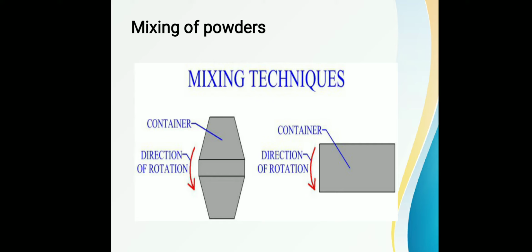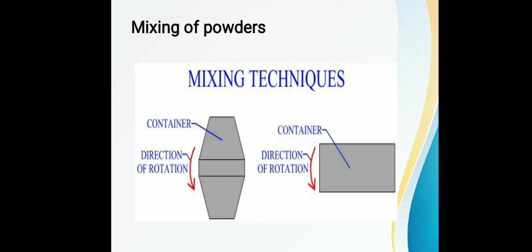All these rotating containers or techniques are used for mixing of the powder. But in mixing and blending, some other ingredients are also used, which include lubricants. Lubricants improve the flow characteristics of powder particles.